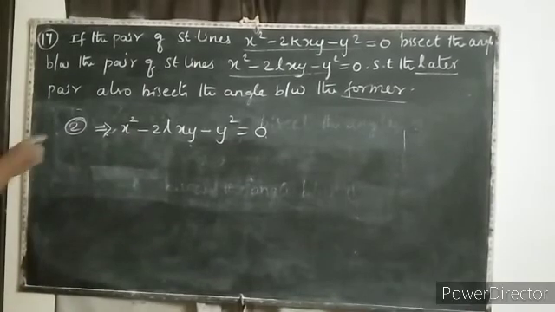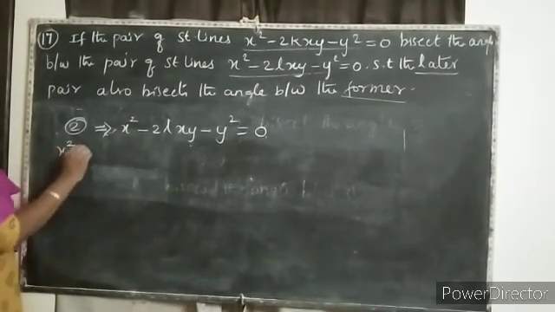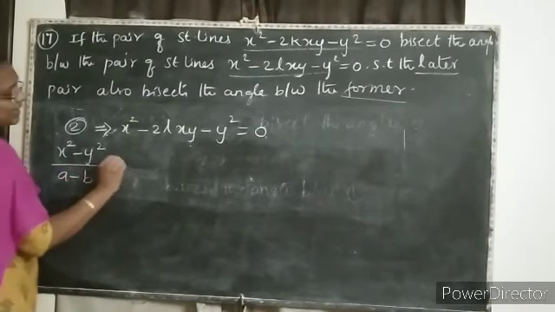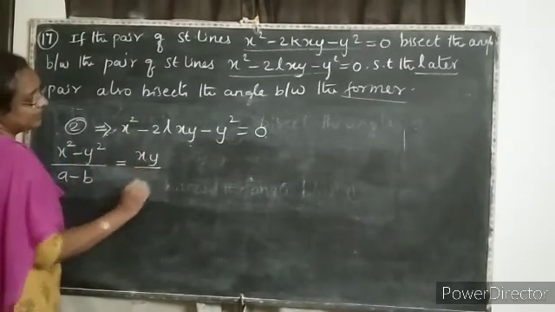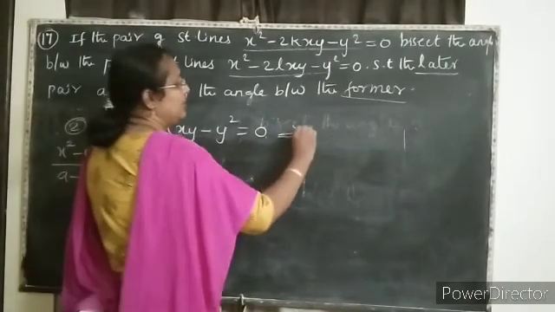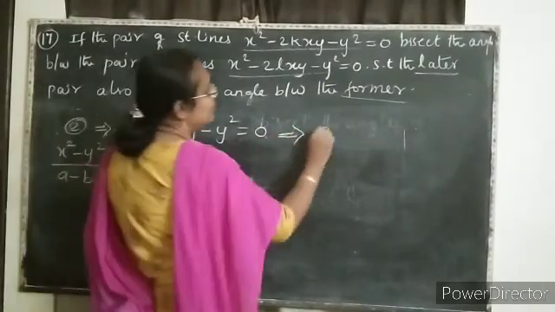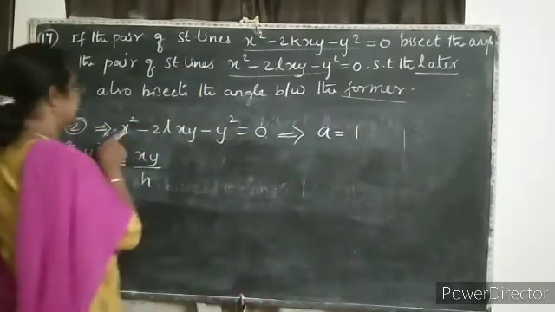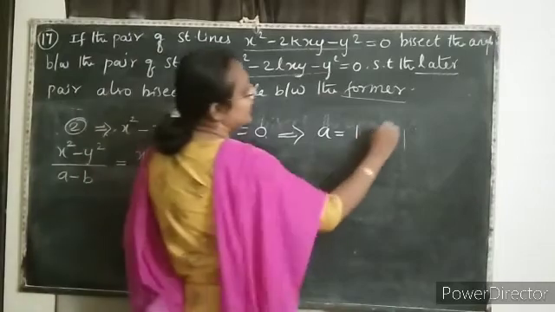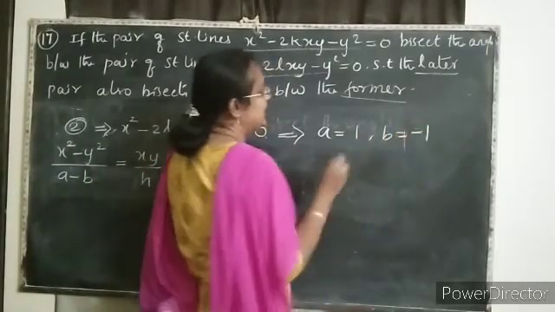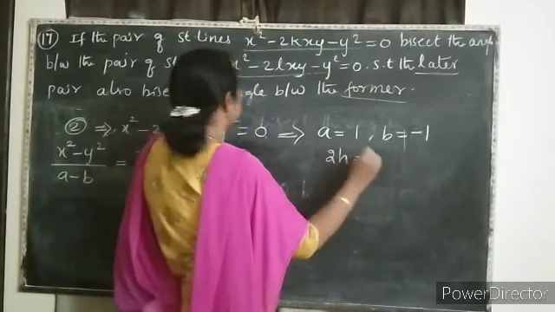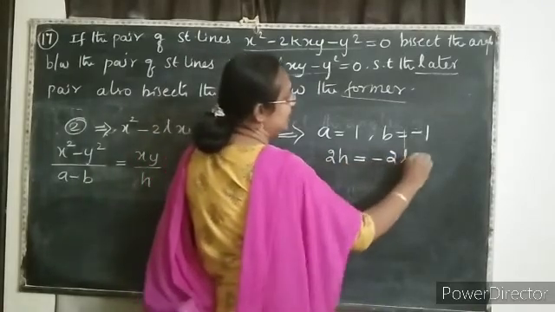Using which equation? x squared minus y squared divided by a minus b equal to xy divided by h, isn't it? So from this equation, what will be the value of a? It is 1, ax squared. Compare. So value of a is 1. What is the value of b? It is minus 1. What is the value of h? In order to find h, 2h will be equal to minus 2l, isn't it?